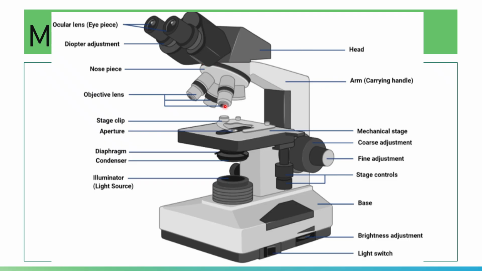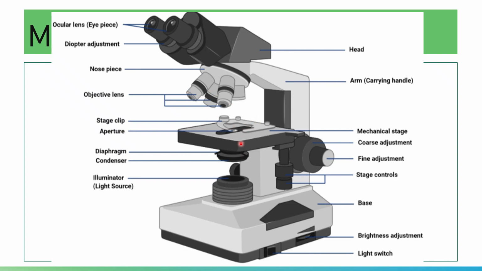You have your objective lenses. Please note, objective lenses, because they are plural, more than one. If your answer is objective lens, I will not accept it. It should be objective lenses. Then you have the stage clip.